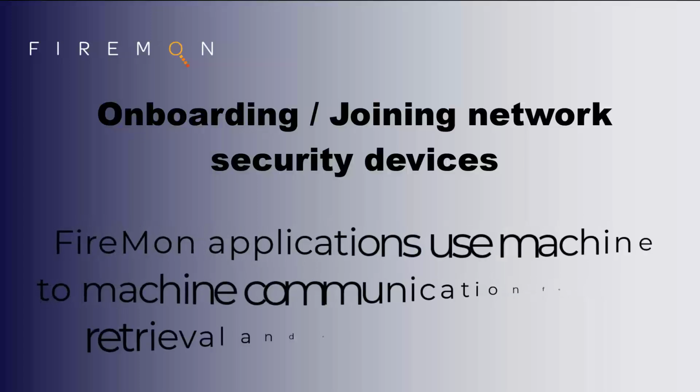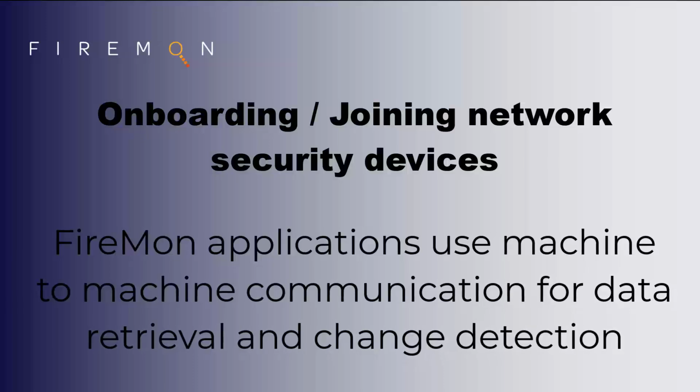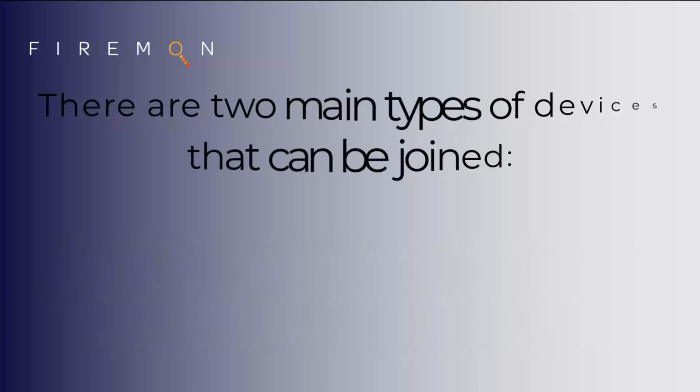All security intelligence platform applications interact with security devices using machine-to-machine communication to retrieve security policies and configurations, as well as to detect changes. There are two main options for joining firewalls.